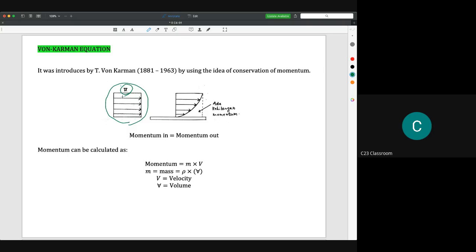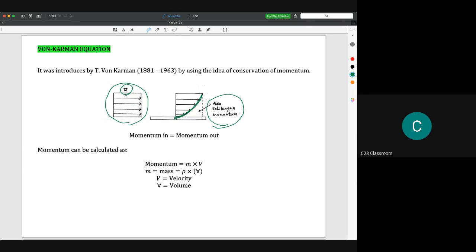After it moves onto a certain plate, the velocity has a no-slip condition, and then the velocity distribution is like this. So why did this happen? This happened because there is a deficit of momentum. There are losses in momentum. Because this molecule is being forced to stop, the momentum is lost now.